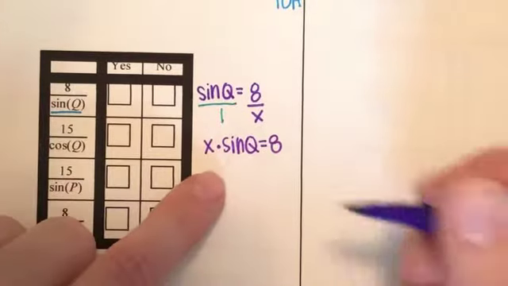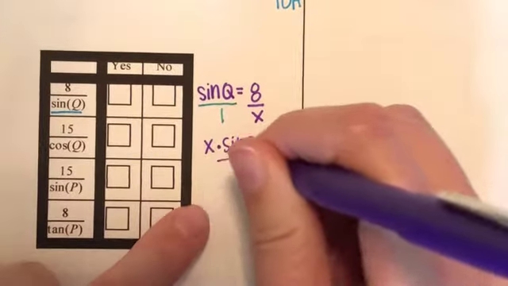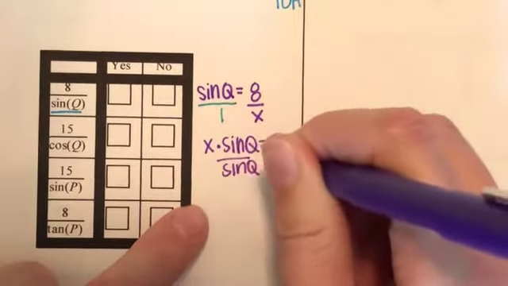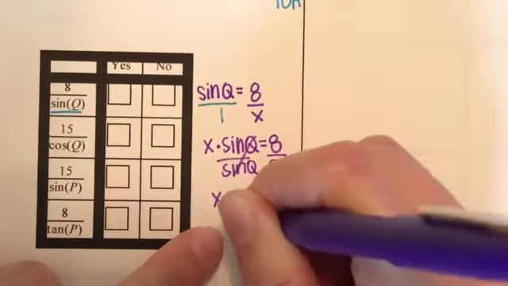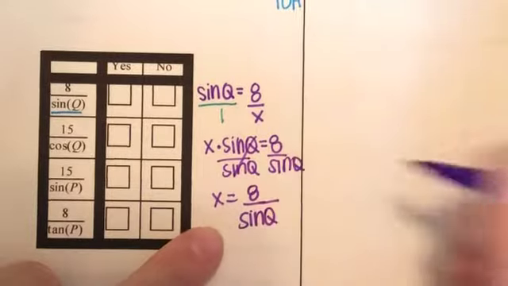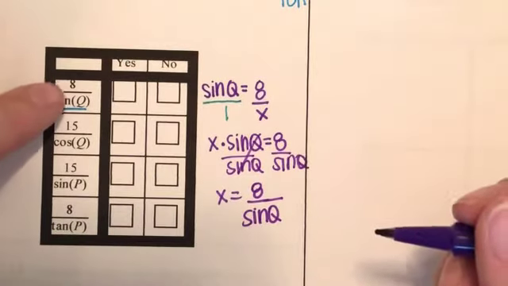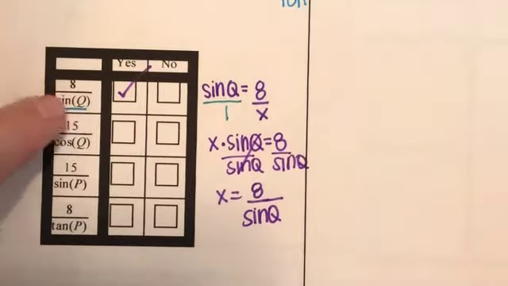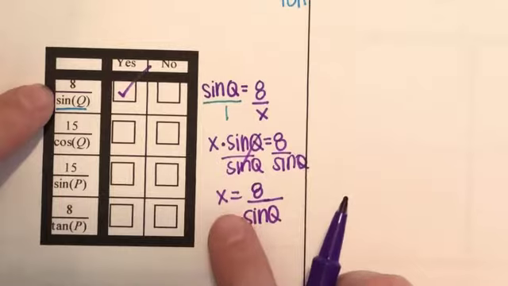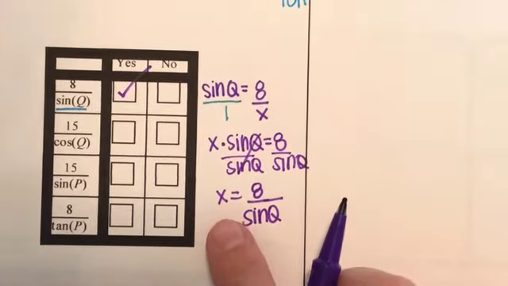Then to get X by itself, you divide both sides by sine Q, and you get X is equal to 8 divided by sine Q. That is exactly what we have, so I'm going to check that one. This is an expression that could be used to find that missing side.